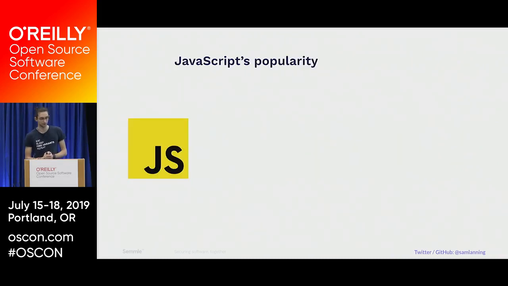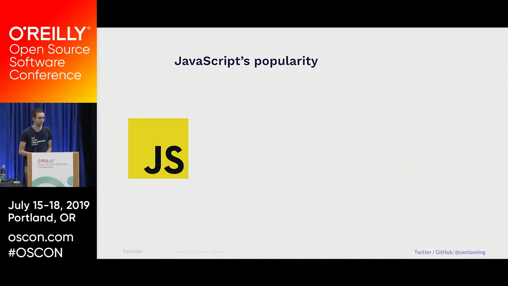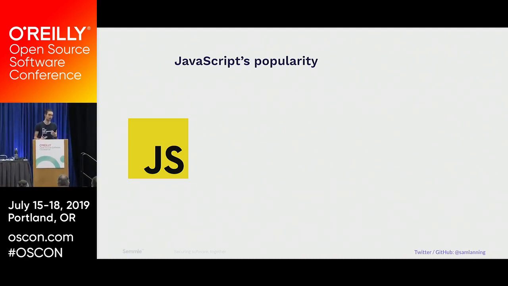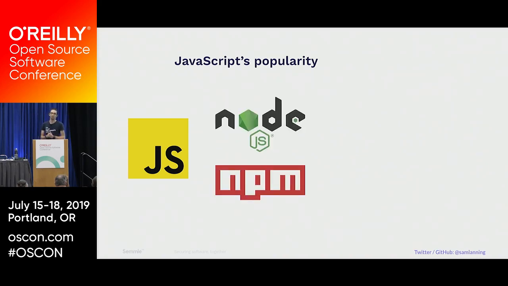So we're going to be talking about JavaScript today. As most of you in this room are probably aware, JavaScript is quite a popular language, and it has been for a while. It was the primary way to add any sort of client-side behavior or interactions on web pages and web applications for many years. And then in 2009, Ryan Dahl introduced Node.js to us, and that definitely made some waves in the development community.